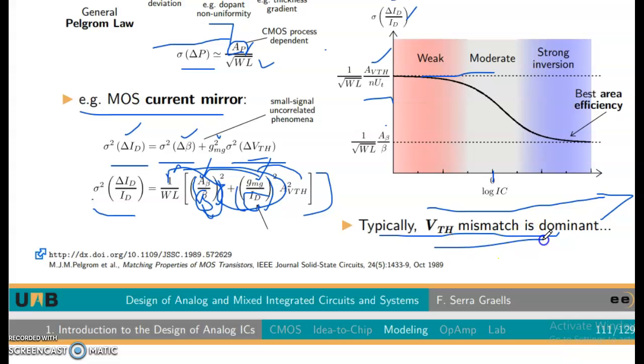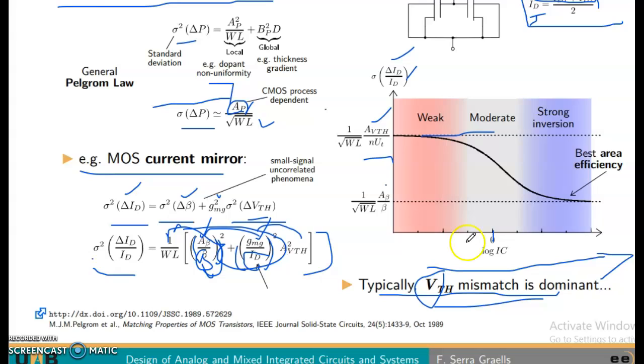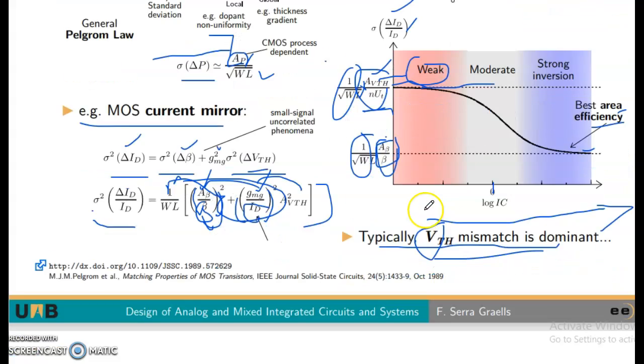That one is not mismatch, V_TH is not mismatch; it is dominant here, that's why weak here. Here is the best: A_VTH divided by n U_T multiplied with 1 by root L. Here A_beta is matching and this is mismatching, that's why weak here. Here is the best area efficiency due to A_beta divided by beta.